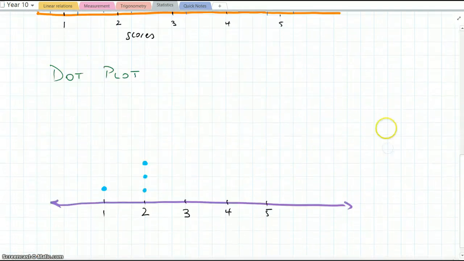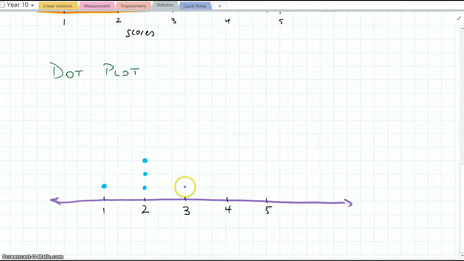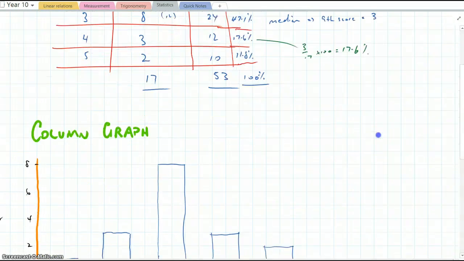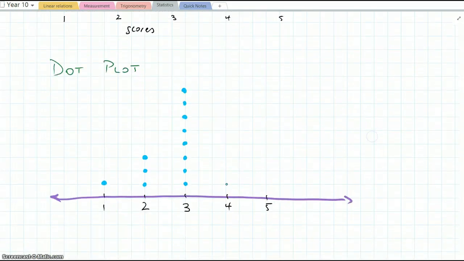Score 3 has 8 dots. So here we go, 1, 2, 3, 4, 5, 6, 7, 8. You get the idea, and then it's 3, 2. For 4, 1, 2, 3, and 5 is 1, 2. Okay, so that's how to draw a dot plot.